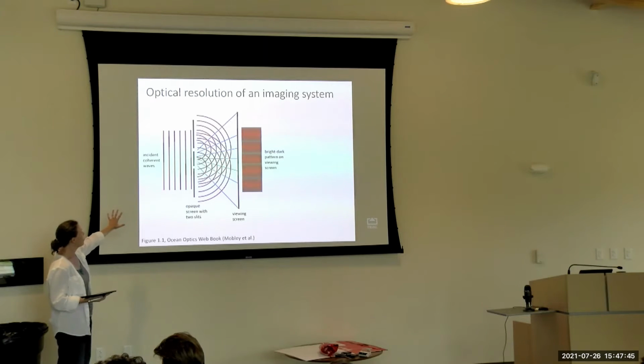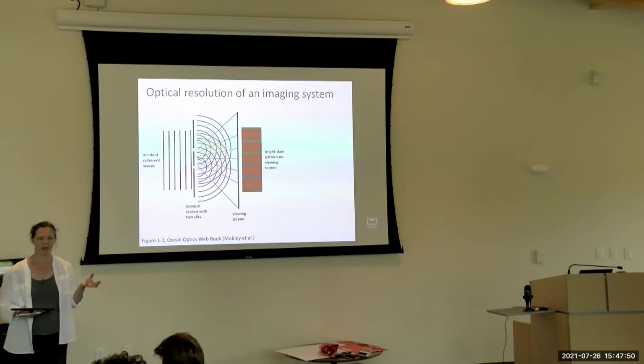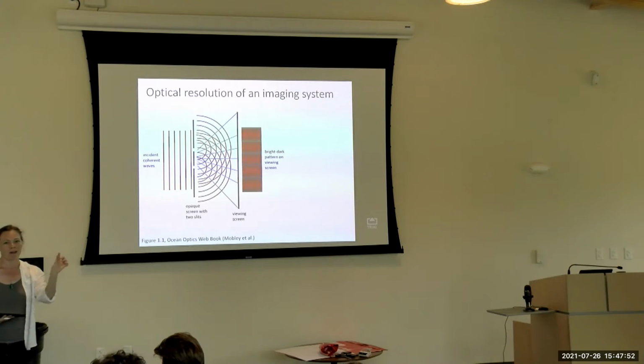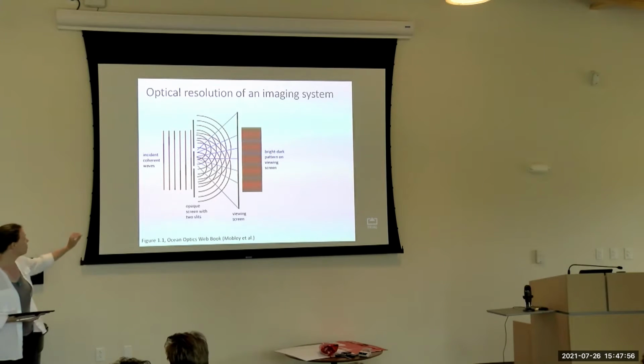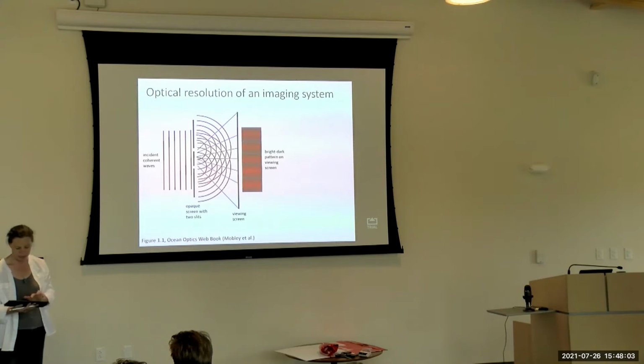So when we think about the resolution of an imaging system, what we're actually thinking about is how far apart those nodes, the constructive and destructive nodes of the interference pattern are. And that's the limit to what an imager camera system can distinguish.